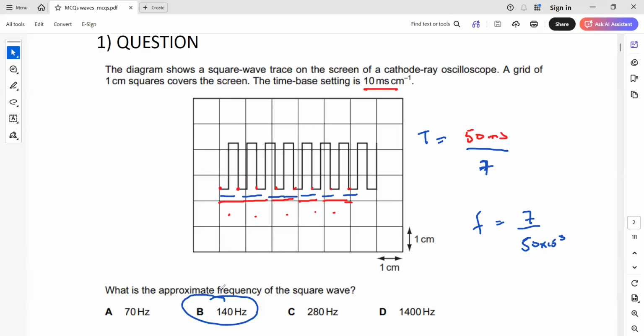We have to change milliseconds into seconds. Because it was written 10 milliseconds, I converted into seconds, and I got 7 divided by 50 into 10 to the power minus 3. I wrote that. So that's why we are getting 140.